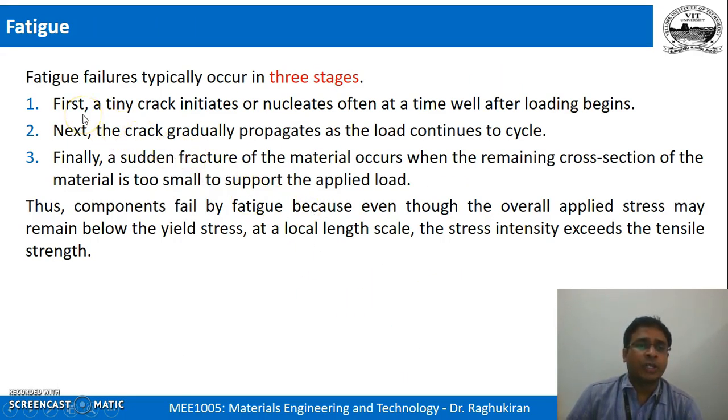So in fatigue failures, what happens? Initially you will have a tiny crack that initiates or nucleates. The next stage is the crack gradually propagates, and finally there will be a sudden fracture, because there is a point where you have less cross sectional area, and that will lead to the failure of the material, and that is why you have fatigue failure.